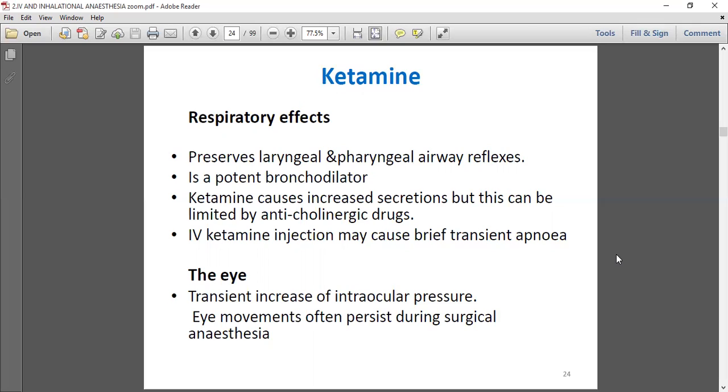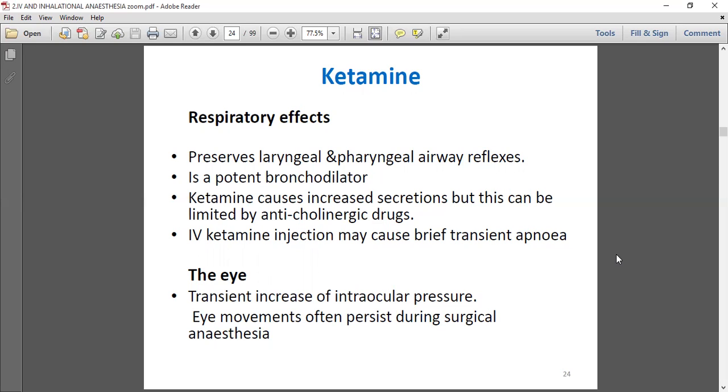I've explained that. Then in the eye, there is transient increase of intraocular pressure, and eye movements are often persistent during the surgical anesthesia. Also it can increase intraocular pressures. Yes, it's right.